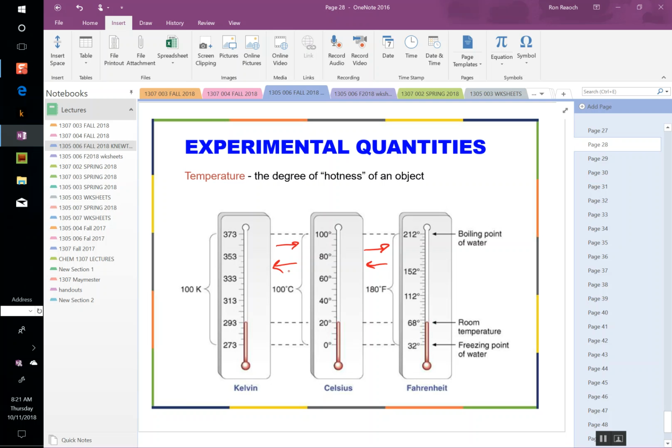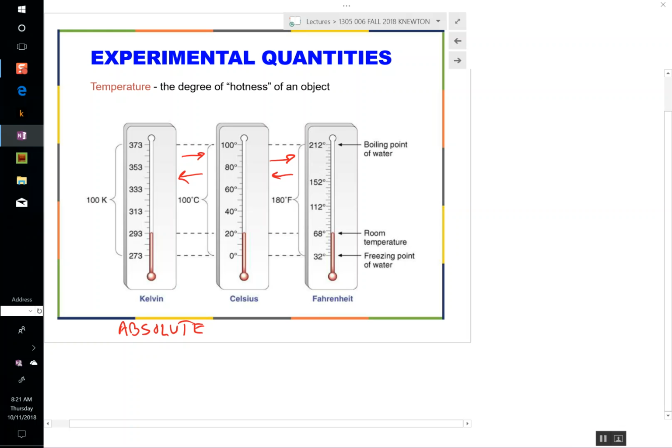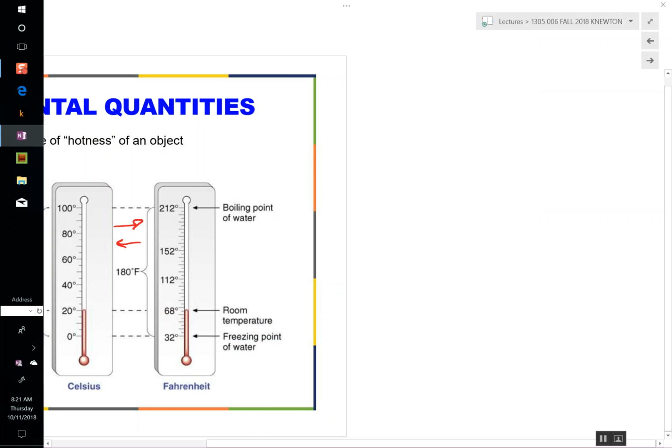So what is Kelvin? Kelvin is also referred to as the absolute temperature scale. So sometimes you'll say, well, what is that in absolute temperature? What they mean is Kelvin. And why do they talk about it that way? Because Kelvin starts at theoretical absolute 0 Kelvin.